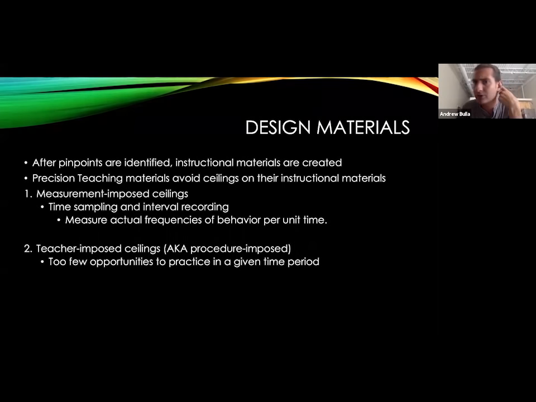They're not going to answer 120 in a minute, but I'm lifting that ceiling so I can see what their actual frequencies are. If it's imitation, I'm following the learner. So as soon as they do, let's say the model is "do this," as soon as they do that, I'm moving on to the next model to then lift that ceiling so the learner's natural frequency of imitative responding can be seen. So I'm lifting that ceiling.